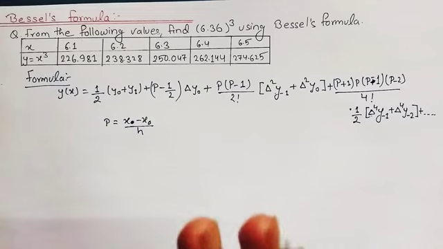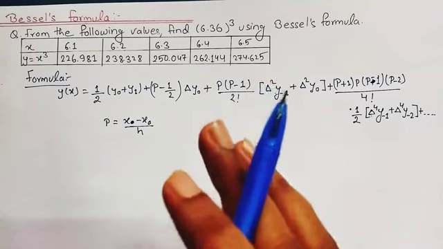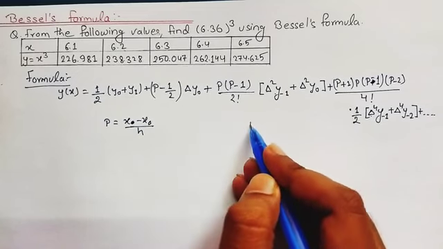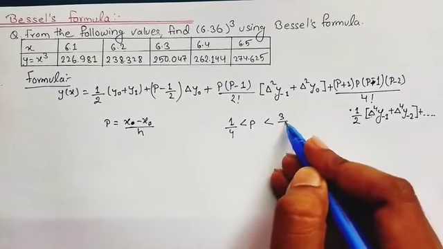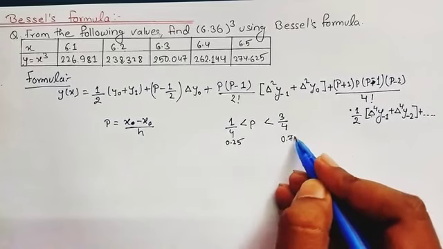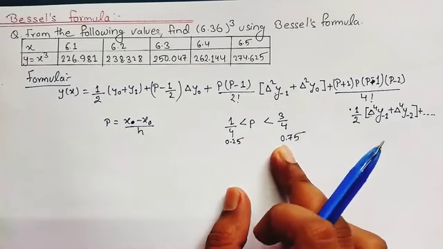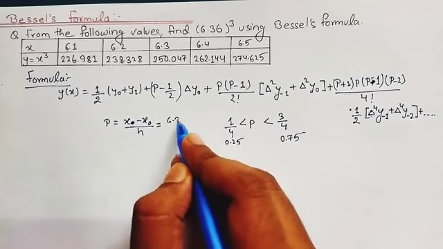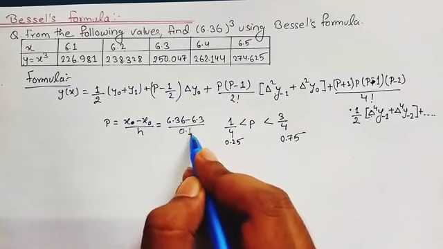Now what Bessel's formula says is that our p must lie between 1 by 4 and 3 by 4. That is, we can use Bessel's formula only if p lies between 1 by 4 and 3 by 4. 1 by 4 means 0.25 and 3 by 4 means 0.75, so our p must lie between 0.25 and 0.75. Here, x is 6.36 minus x naught which is 6.3, and we divide this by 0.1.